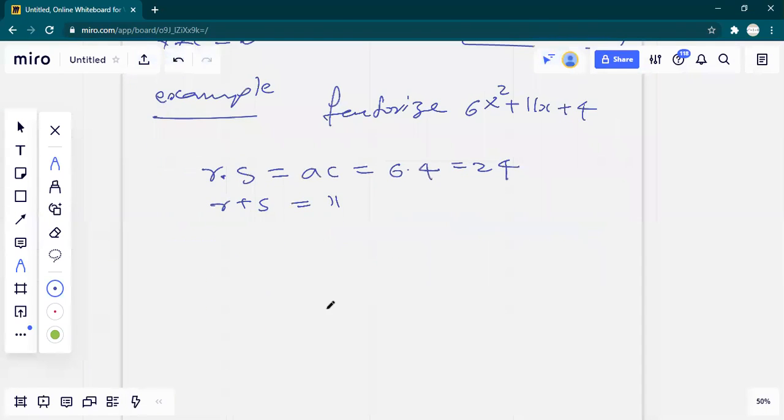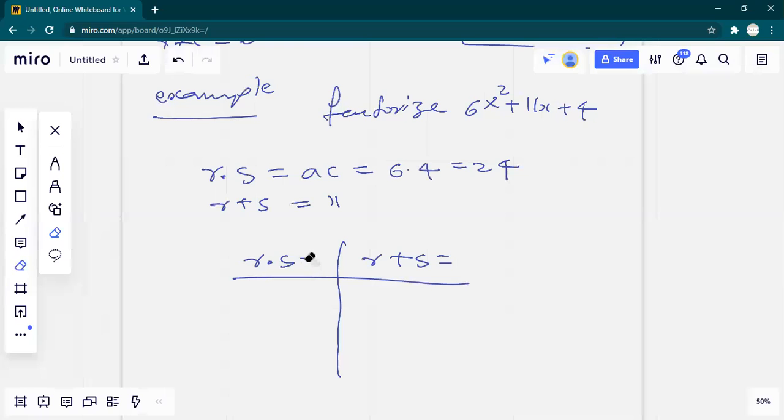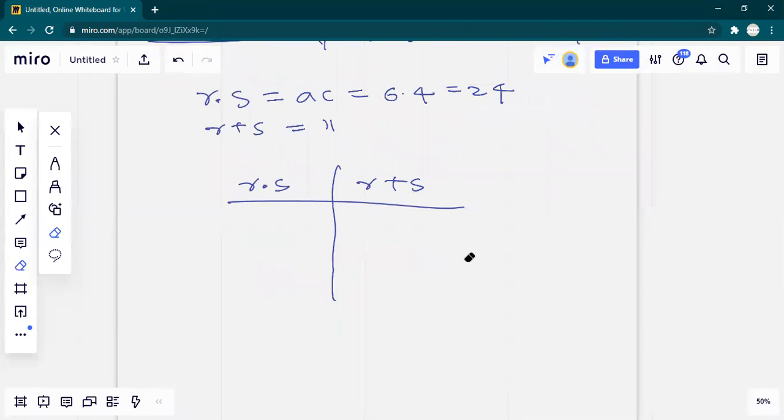Okay, let's factorize this 24. We are creating a table of r plus s and r times s. The first combination, the simplest factorization of 24, is 1 times 24, and 1 plus 24 is equal to 25.